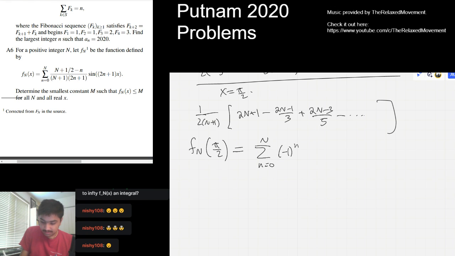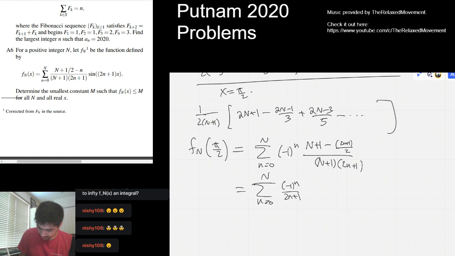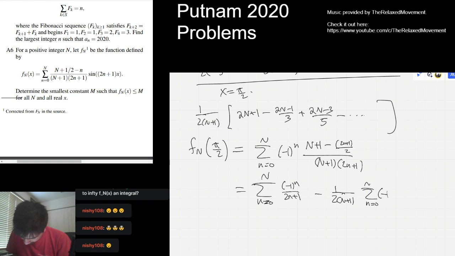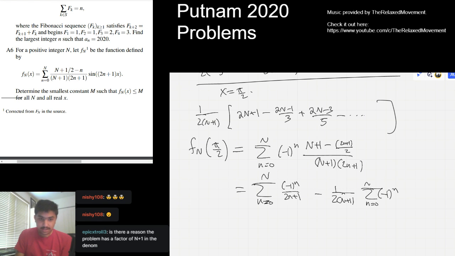Minus 1 to the n of like n plus 1 minus... yeah, so that the whole thing, so that each f of capital N x is bounded by 1.